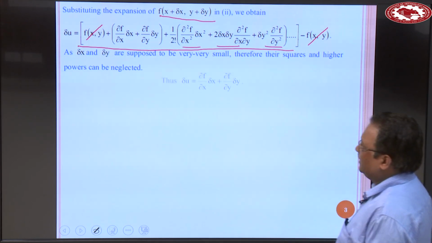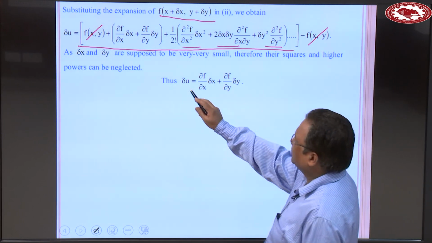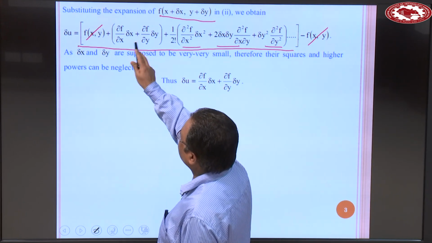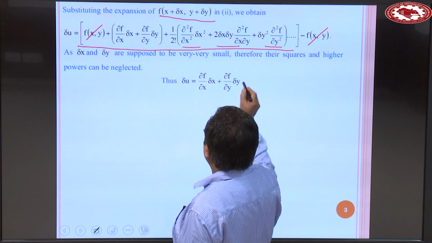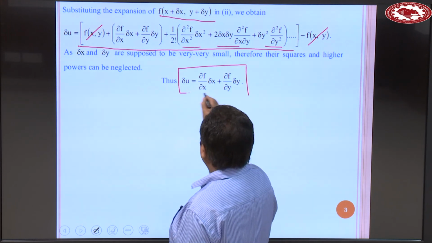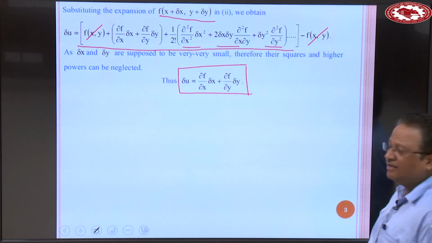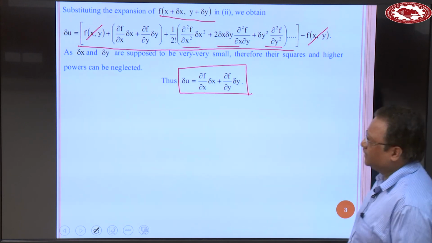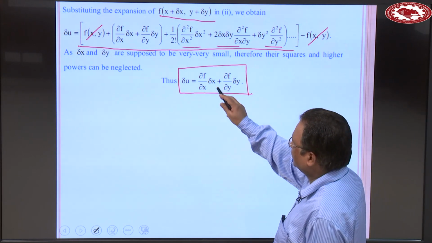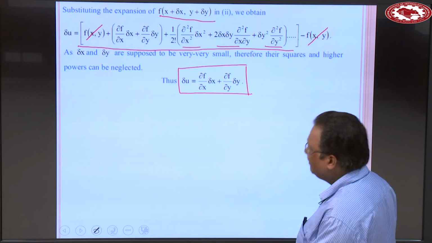Okay. This means delta u is equal to only ∂f/∂x delta x plus ∂f/∂y delta y. This one is the result for evaluating the effect of small errors. So delta u is equal to ∂f/∂x delta x plus ∂f/∂y delta y.